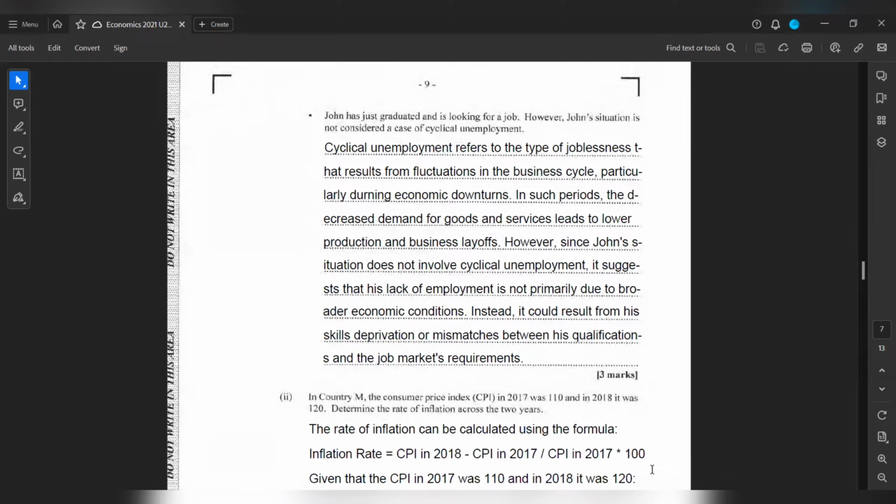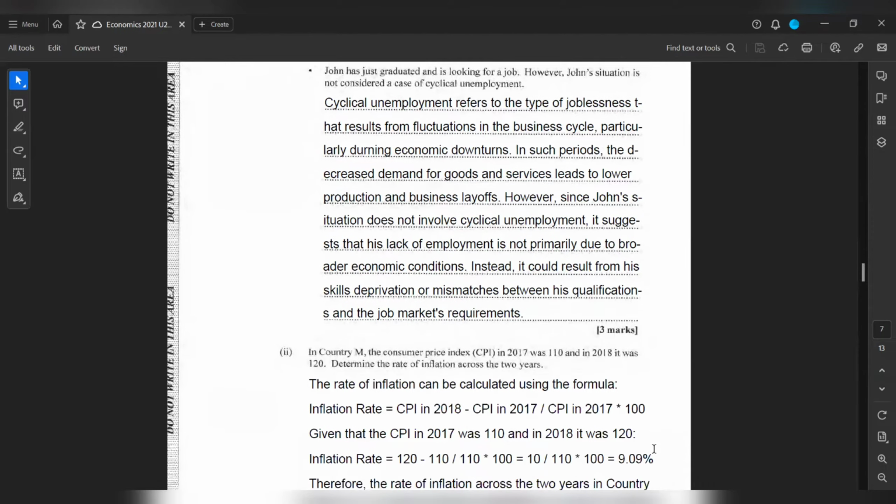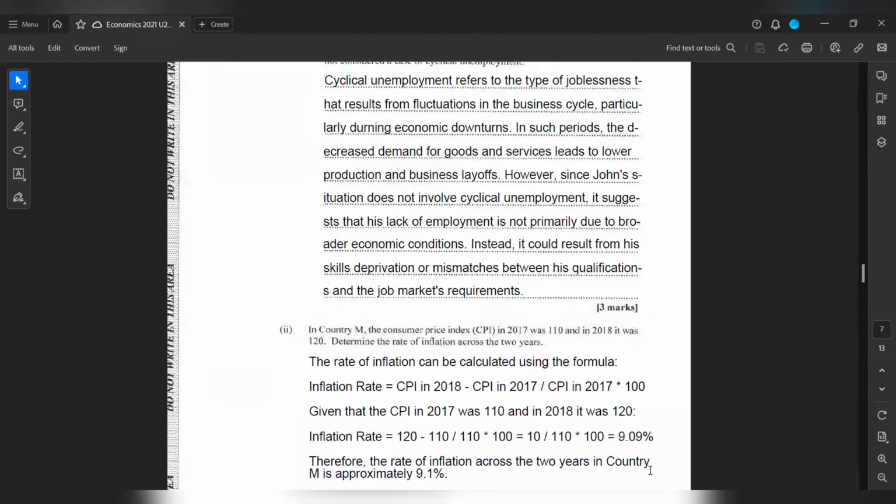Given that the CPI in 2017 was 110 and in 2018 it was 120, we get an inflation rate of 9.09%. Therefore, the rate of inflation across the 2 years in country M is approximately 9.1%.